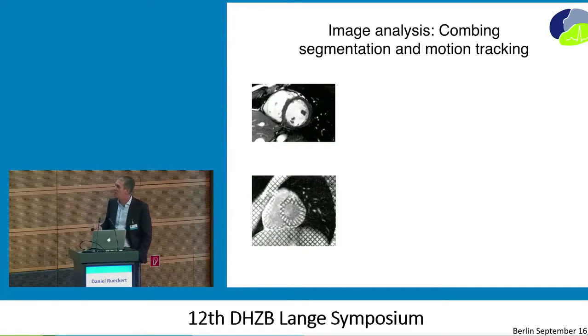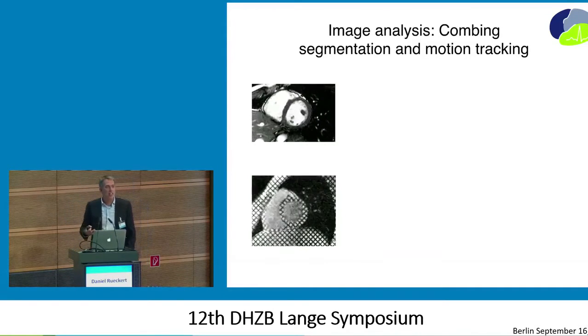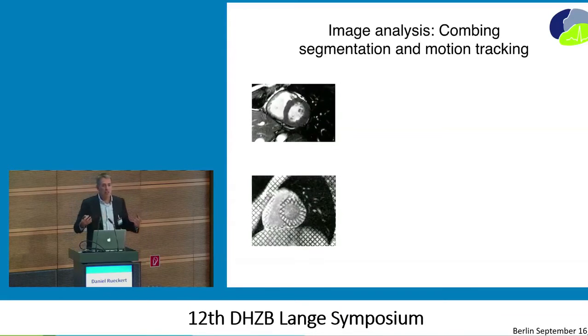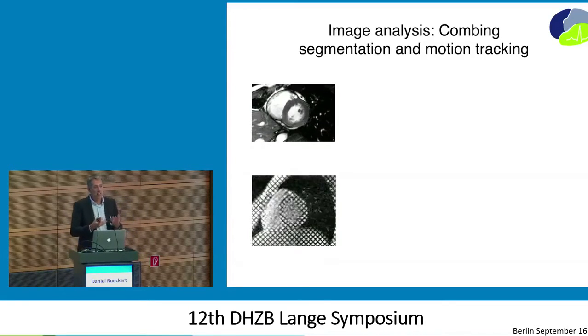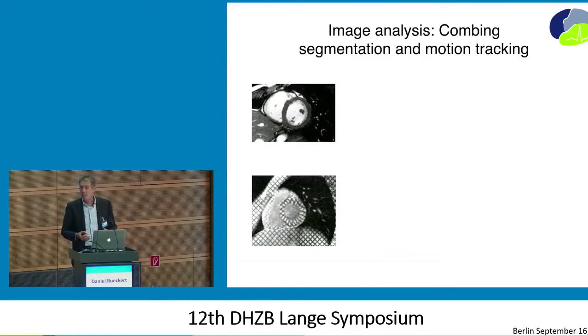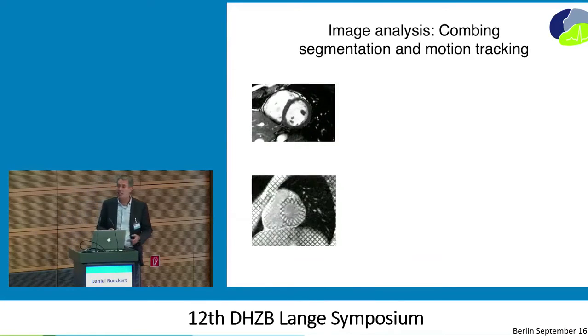You can see obviously that in the blood pool these lines are immediately lost because the blood flows in a turbulent way, also in and out of the plane. But the tissue maintains these lines.